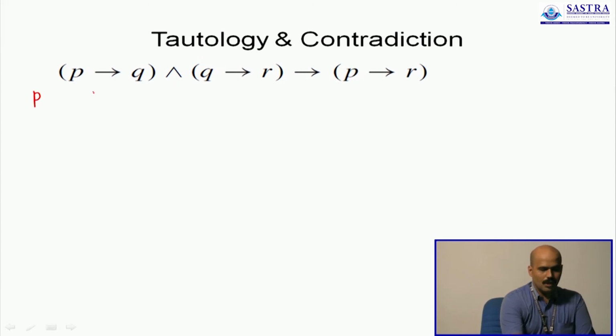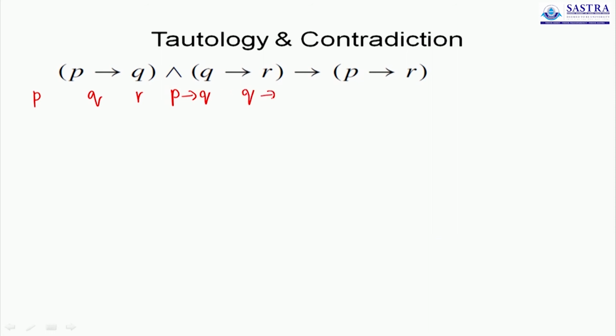So P, Q, R, the conditional between P and Q, the one between Q and R, the one between P and R. Let's call this A, let's call this B, and there is a conjunction between A and B. Let's call this C, let's call this D, and there is a conditional from D to C. Let's check how this works out.